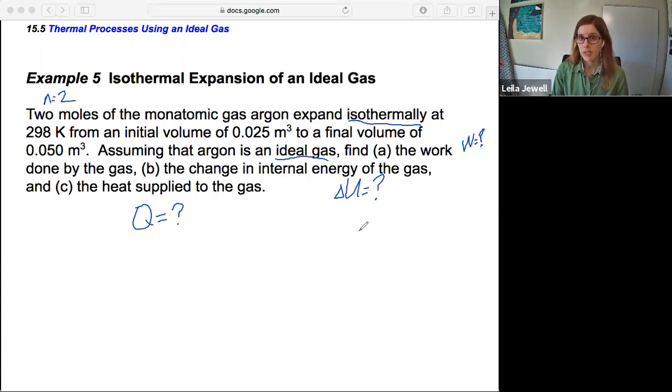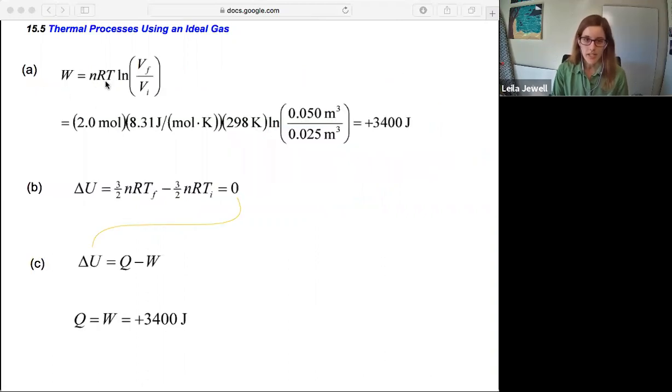So with that in mind, let's take a look. If we want to calculate the work, work is nRT times the natural log of V final over V initial.